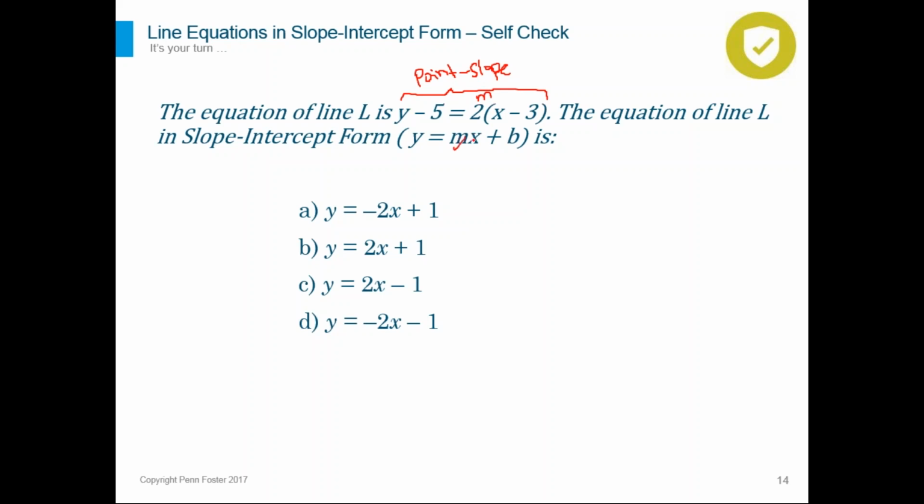Now, the only thing I'm missing, and it's not given in the point-slope form, is b. b is the y-coordinate where the line intersects the y-axis. Is there any way that we know of that we can use this equation to find this point and we would be able to find b? What do you think? Okay, I'll leave you to think about that and maybe I'll go over this together.